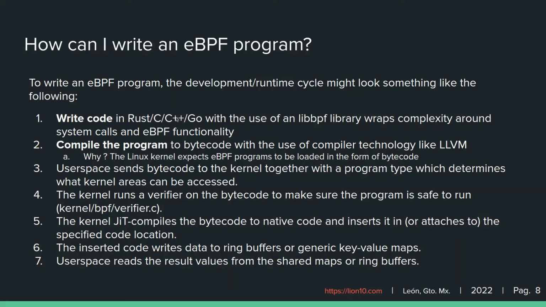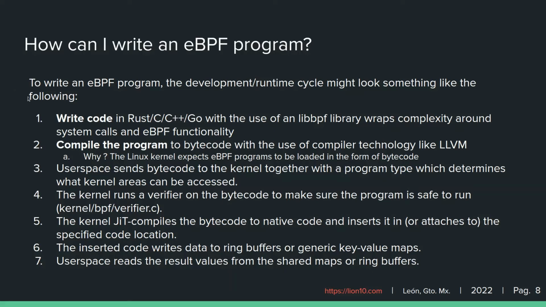After you write the code in whatever language you prefer, the SDK helps you compile the program to bytecode. Why bytecode, you may ask? The reason is that the Linux kernel expects programs to be loaded in the form of bytecode.